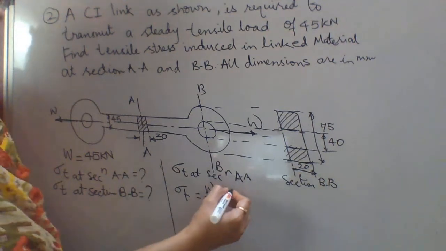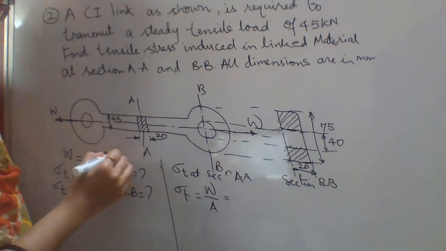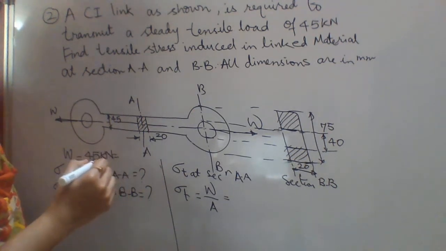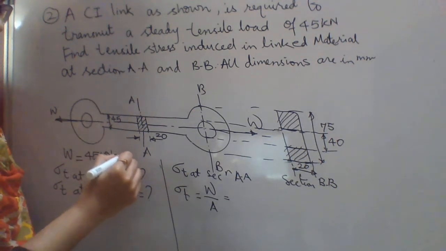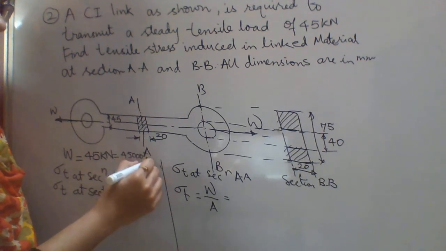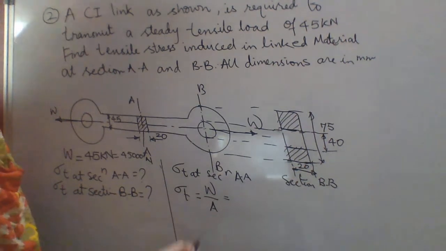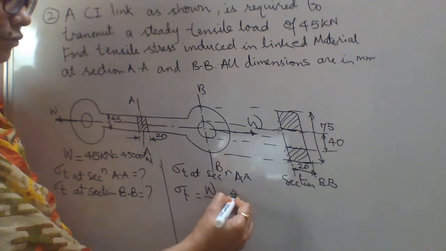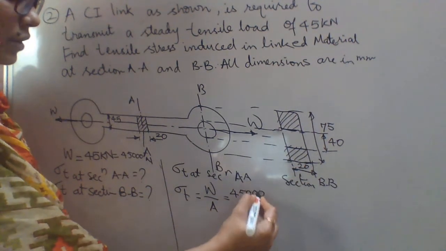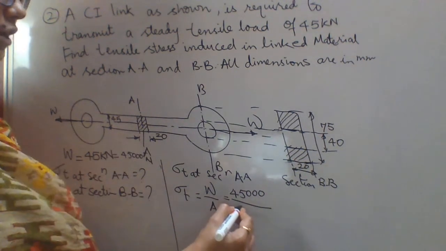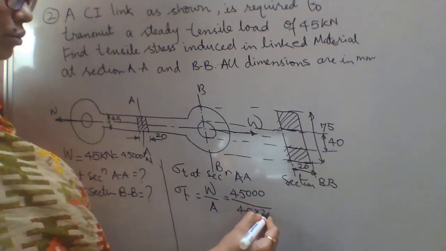So the load is 45 kilonewton. If we convert this into Newton, it will be 45,000 Newton. So we'll keep it in Newton, and sigma T will be in megapascal. So 45,000 divided by the area at section AA, which is 45 into 20.